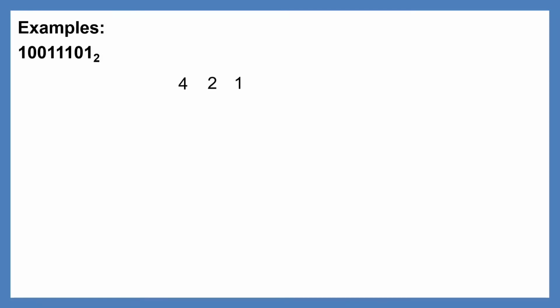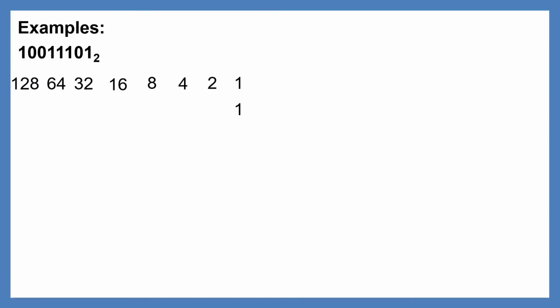So we have 1, 2, 4, 8, 16, 32, 64, and 128. These are the power of 2 or the place values in binary numbers. I only write the 8 place values because we have a group of 8 bits in our example.